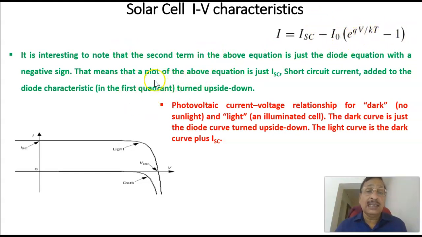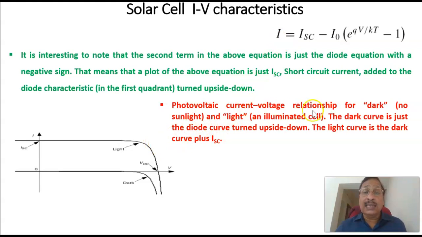Therefore, the plot of the above equation is just ISC, the short circuit current, added to the diode characteristics in the first quadrant, turned upside down.